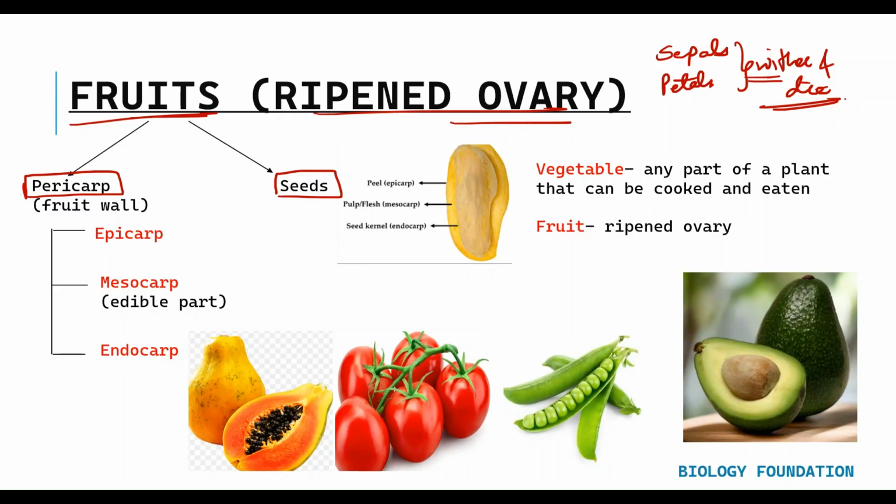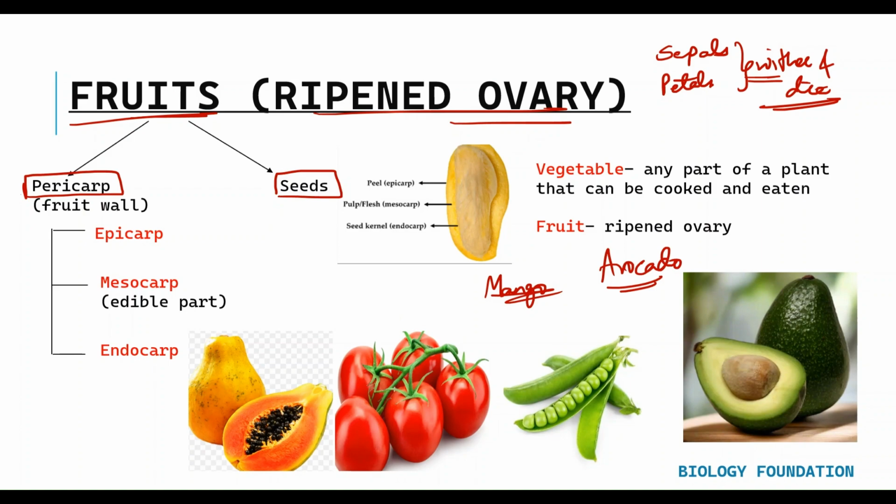Okay, and the ovary develops into the fruit and the ovules develop into seeds. So if you see the fruit, it has a fruit wall around it and has seeds inside it. Some fruits have a single seed, for example mango and avocado. But most fruits have multiple seeds in them.